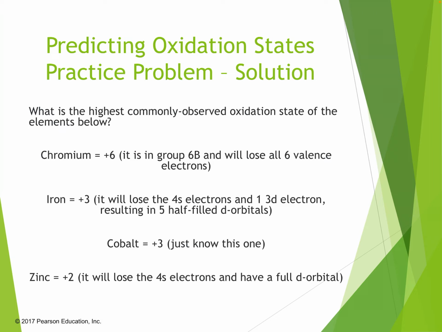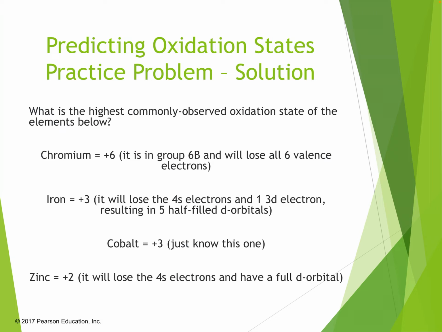That's one that we were talking about that I said doesn't really form a pattern. But what happens is that iron loses its 4s electrons and then one of its 3d electrons, and it ends up having 5 half-filled d orbitals and then none in the 4s. Again, a lot of times they're aiming for either completely filled or half-filled orbitals to be particularly stable.